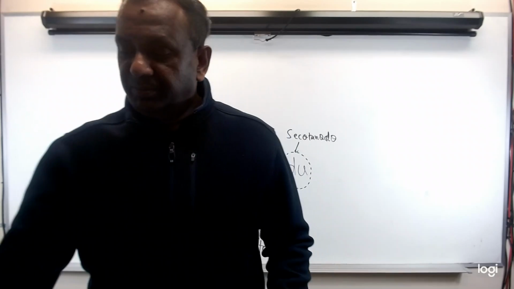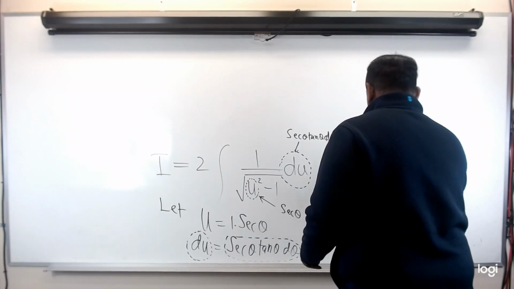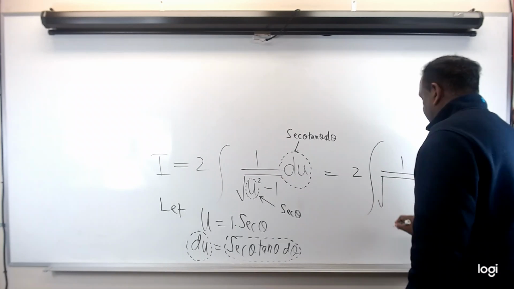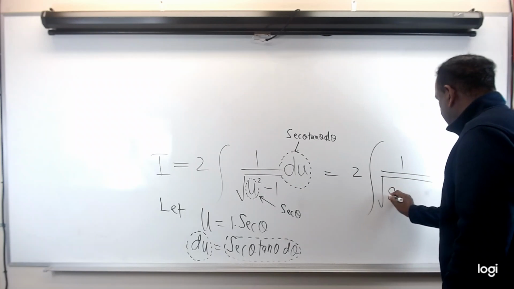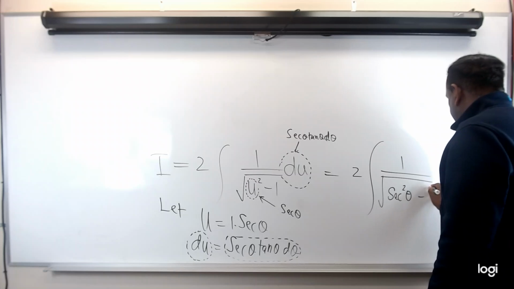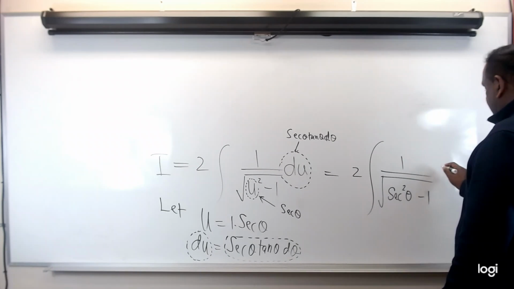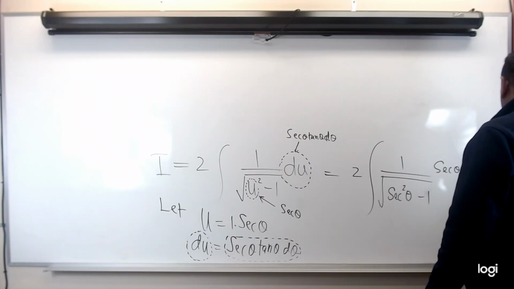And let's replace it. So the integral of 1 over the square root of secant squared theta minus 1, du is nothing but secant theta tan theta d theta.